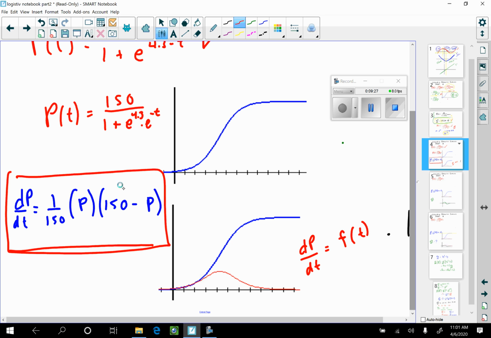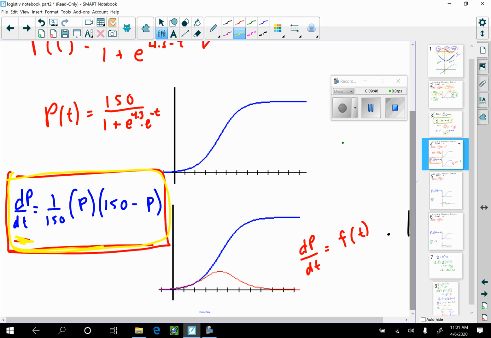And we can look at this graph, and this is what we did before on another video. We can look at this graph and see when is the derivative going to be 0? Well, the derivative is going to be 0 when the population is 150. That's one of the biggest reasons why they give it to us this way.